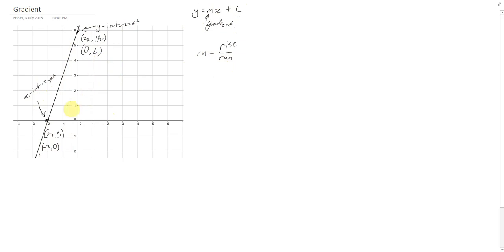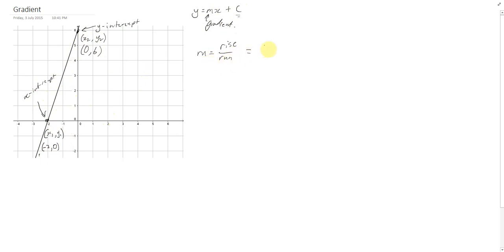I could have picked any 2 points along this whole line. I just chose those two because they're our key points, our x-intercept and our y-intercept, so they are often good 2 points to choose.